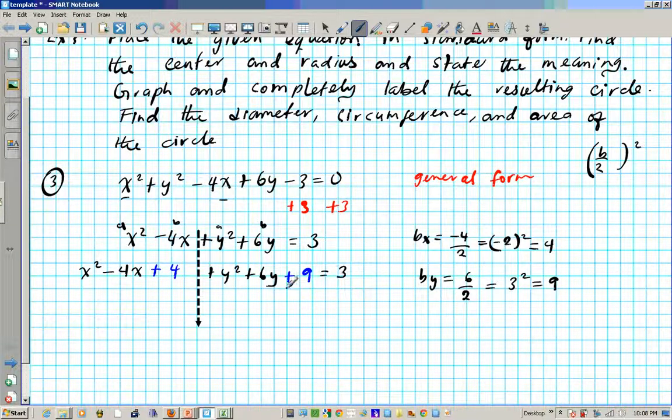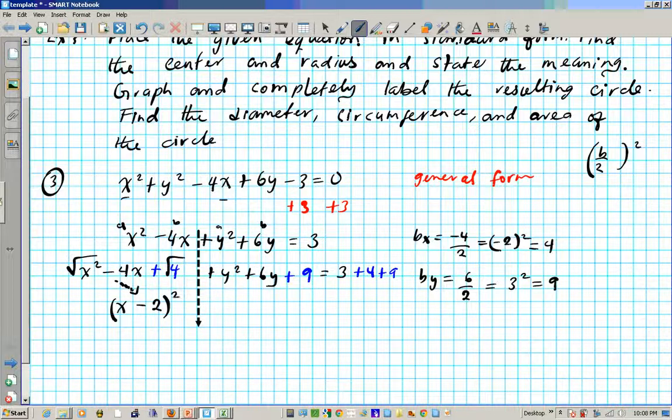Now, since I added 4 and 9 on the left side of the equation to preserve equality, I have to add 4 and 9 on the right side, so plus 4 plus 9. Okay? Now, since I have two perfect square trinomials, I'm going to factor this and factor that. How you do it is you root the first and the last term, and then you simply bring down the middle sign. So the square root of x squared is x, bring down the minus, and then the square root of 4 is 2, squared.